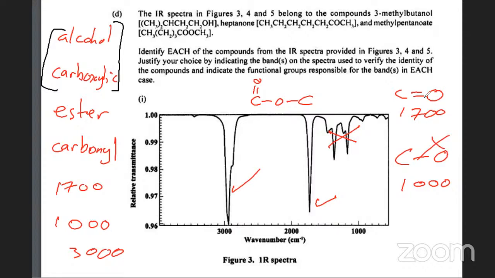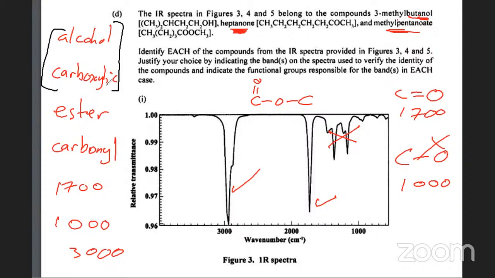The question is trying to identify figures 3, 4, and 5, which belong to 3-methyl butanol, an alcohol, heptanone, a ketone, and methyl pentanoate, an ester. So you are trying to find which one is the alcohol, which is the ketone, and which is the ester.